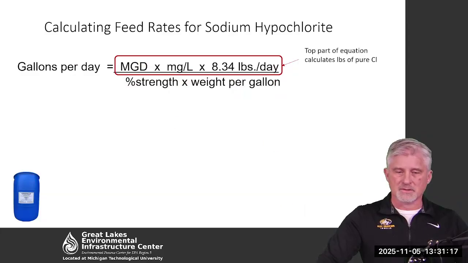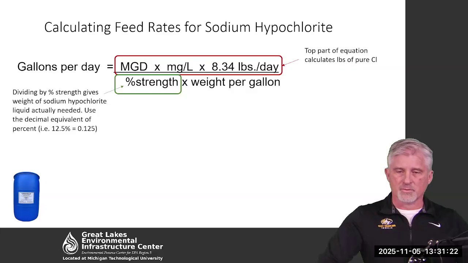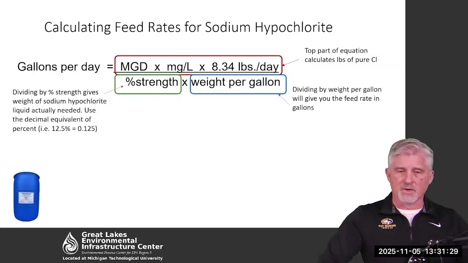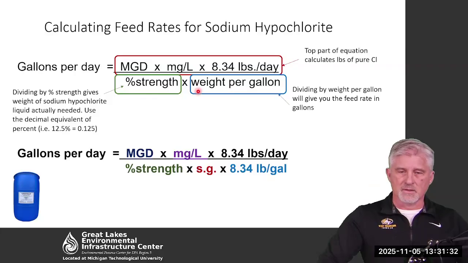At the bottom, we've got our percent strength, in this case 12.5%, or 0.125. Then we take into consideration the specific gravity and the weight of water. As we said before, if we have a specific gravity of 1.2 for liquid chlorine, we could just put in the 10 pounds per gallon in place of the specific gravity times 8.34 pounds per gallon.